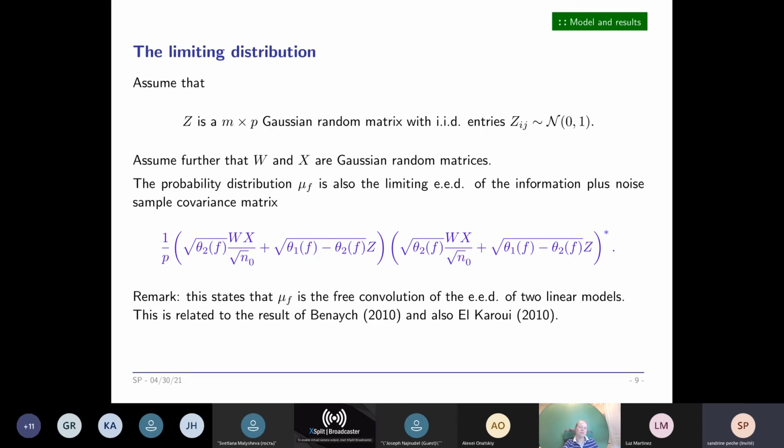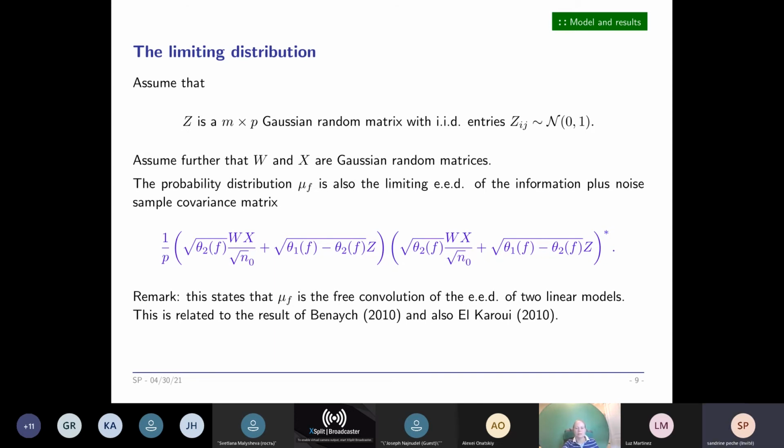So this is simply the same distribution as that of the sample covariance matrix obtained from a Gaussian matrix Z plus what we call a product Wishart matrix, which is the product of W and X. Okay, and simply you have to fit the parameters.